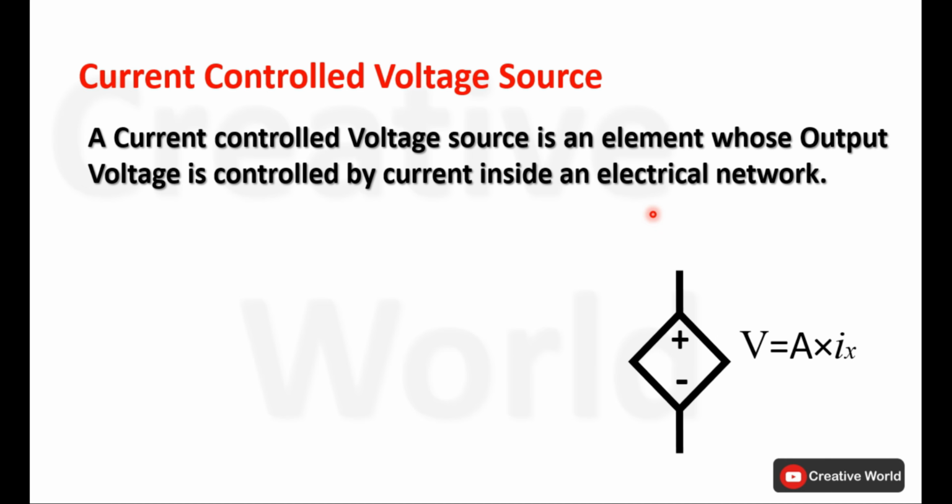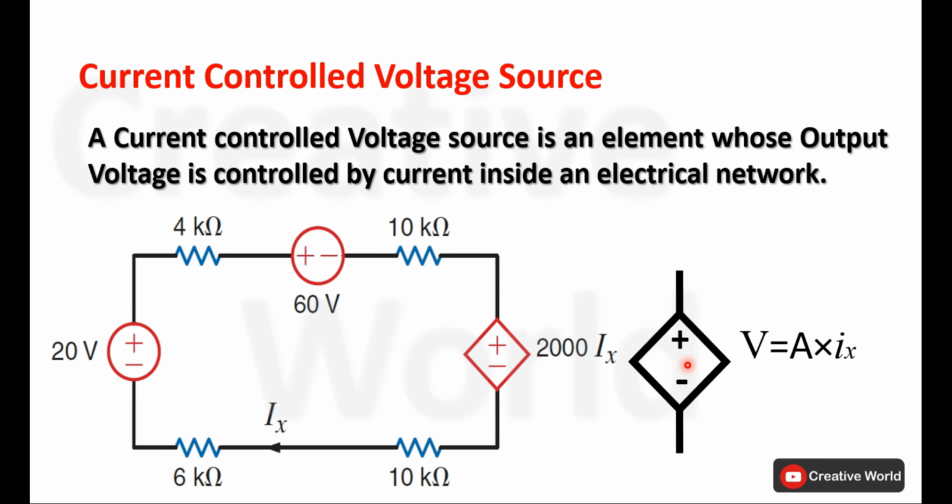The symbol of current controlled voltage source is given here, and the voltage equation of this element is V equal to A multiplied by Ix. A is a constant multiplier and Ix is the current of an element which is controlling the output voltage of this dependent voltage source.